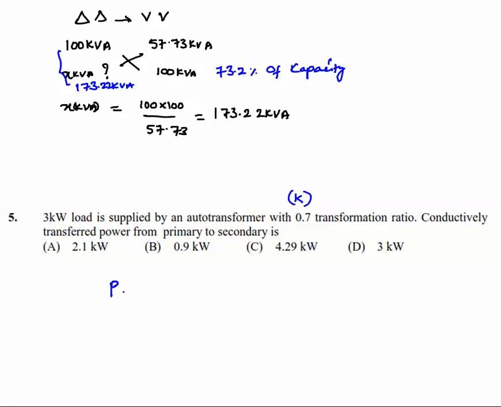The power transformed conductively is equal to K into the power rating of the 2-phase transformer, that is 0.7 into 3 kilowatts, which is nothing but 2.1 kilowatts, and the answer to this question is A.